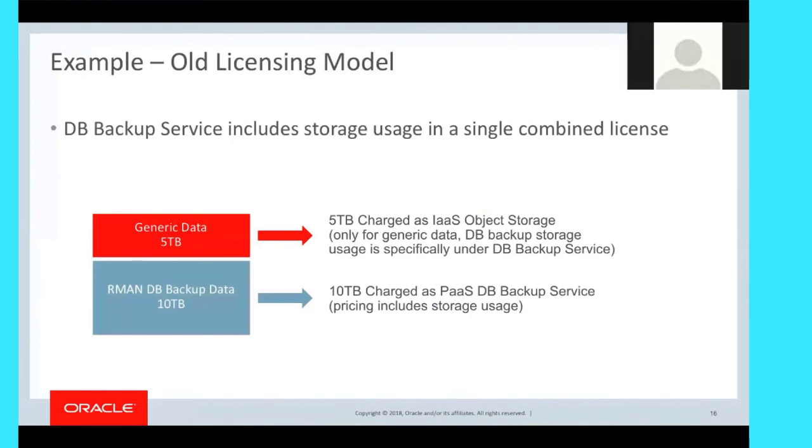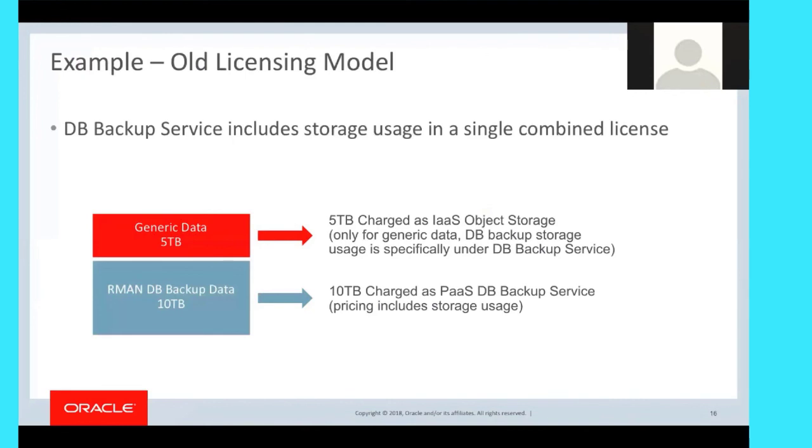The way it used to work until July, when this new model was introduced, was that you subscribed to the database backup cloud service and paid a little higher fee compared to just generic object storage cost, and you get everything.